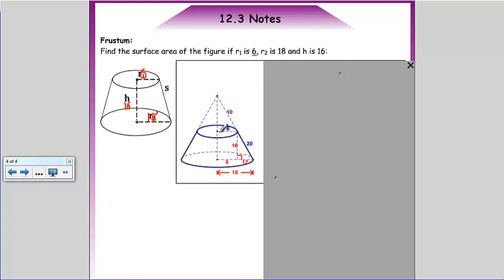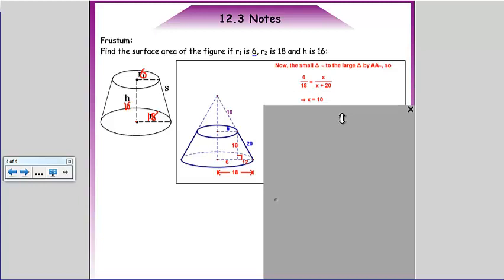They definitely have an angle in common, and we can assume smartly that this line and that line are parallel, so we're going to have corresponding angles. That's enough to set up a proportion from chapter 8. So we could put 6 to 18 equals x, which we don't know originally, that's why it's in purple, over x plus 20, which would be the whole triangle. Solving that will give us 10. So that tells us this one here.